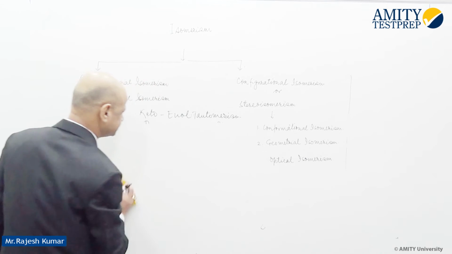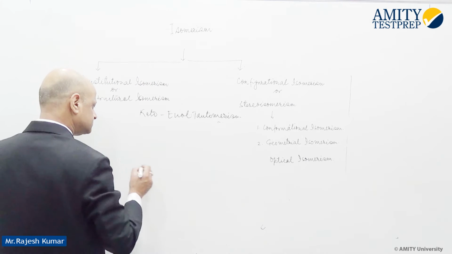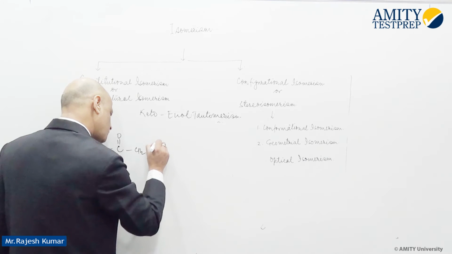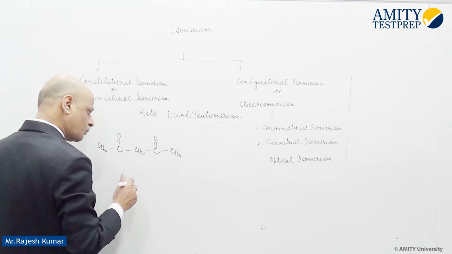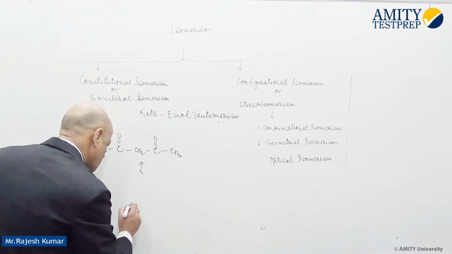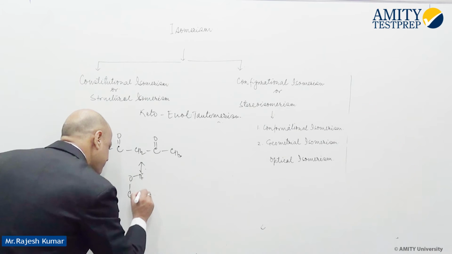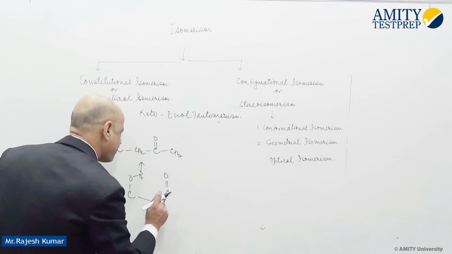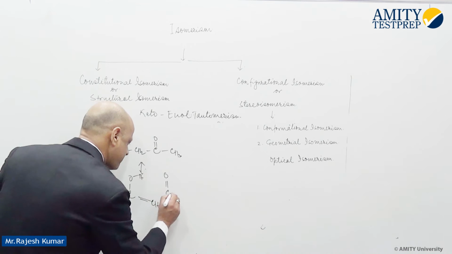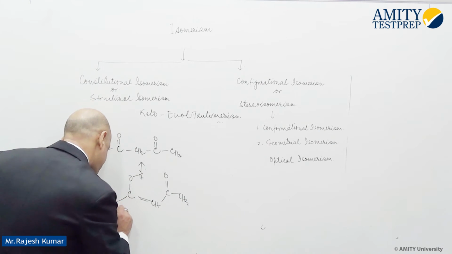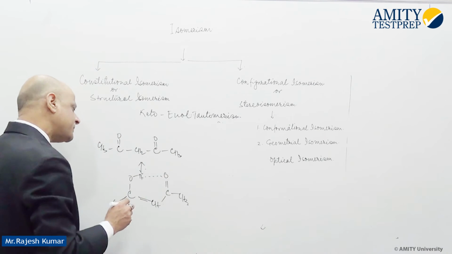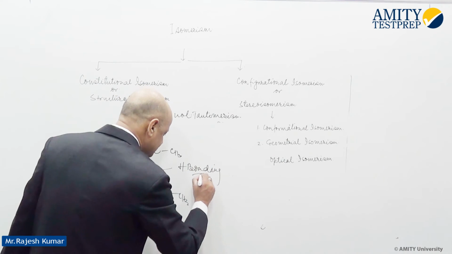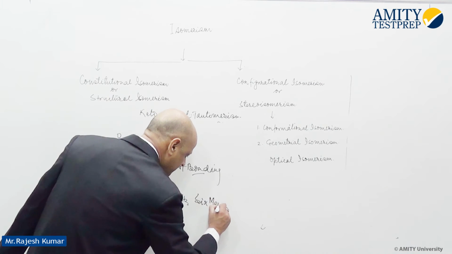For example, in this case, the molecule is going to make intramolecular hydrogen bonding, and that's why it forms a 6-member ring, and a 6-member ring is highly stable.